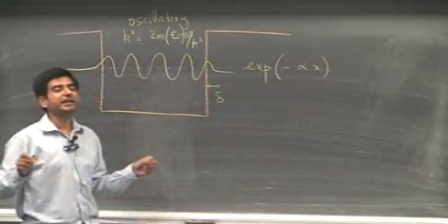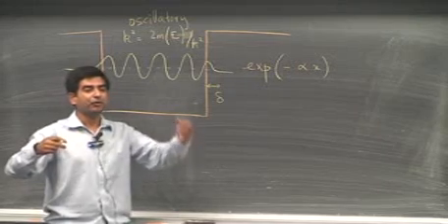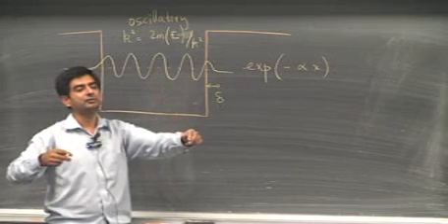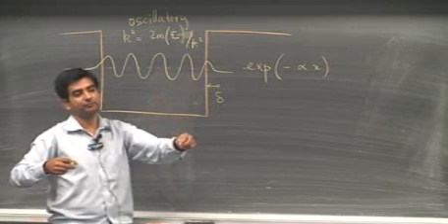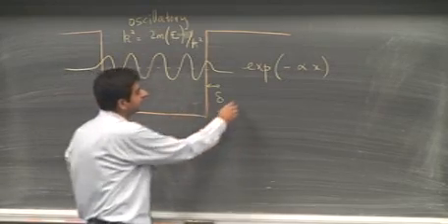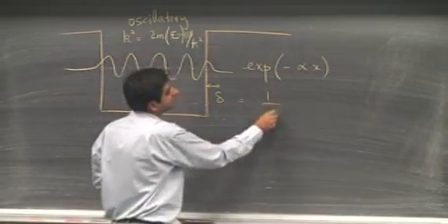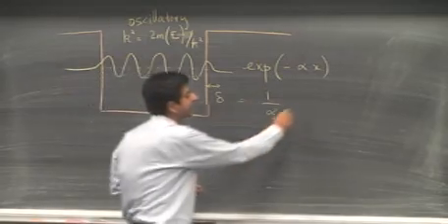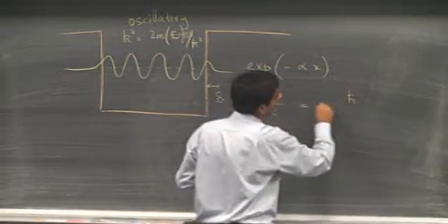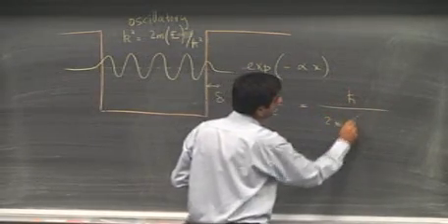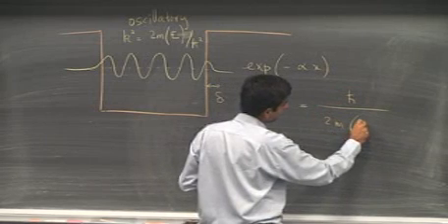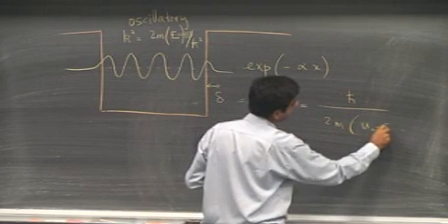So the penetration length is defined as the length over which the wave function drops to 1 over e of its value. So this delta is really 1 over alpha, which is h bar over the square root of 2m (U naught minus E).